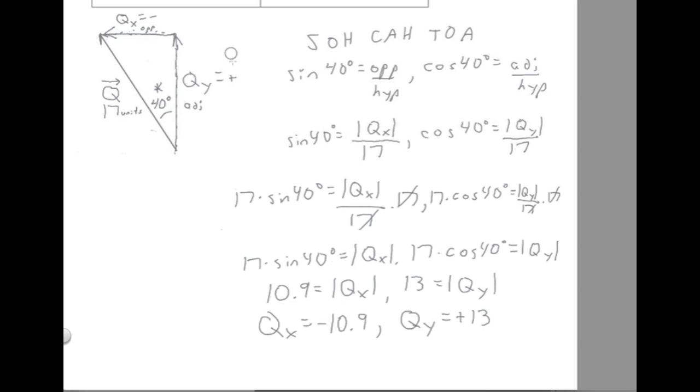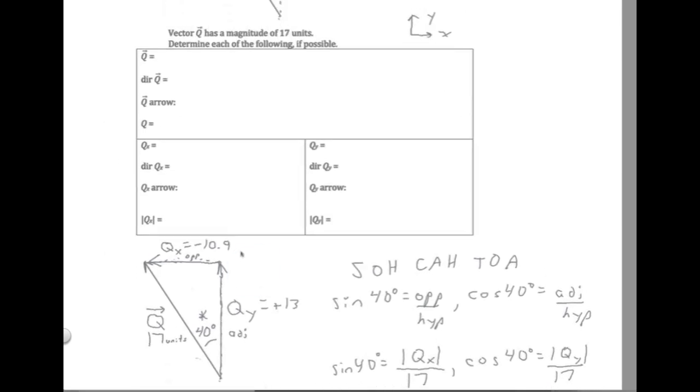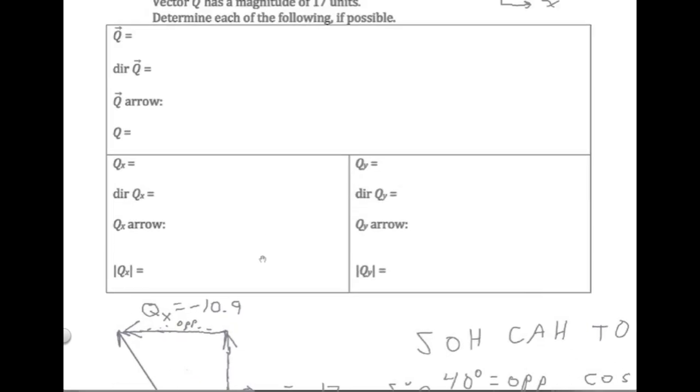All right, and we can also build that into our picture here. This is plus 13, and this was negative 10.9. So now we can fill out our table.